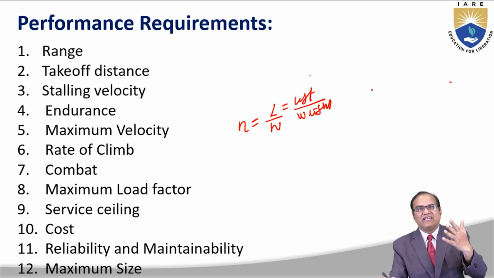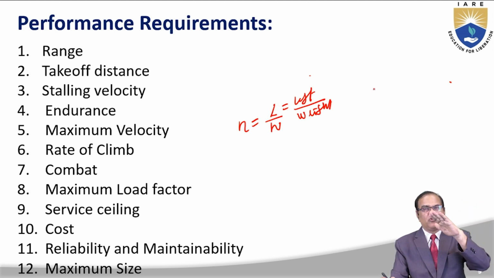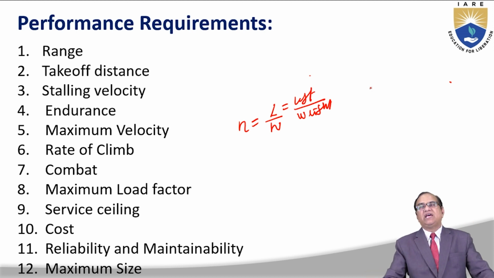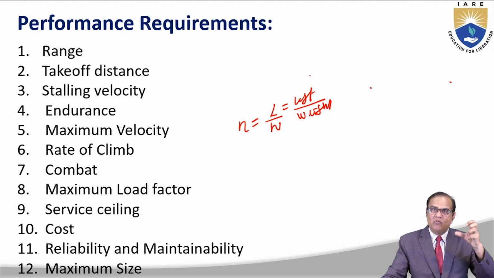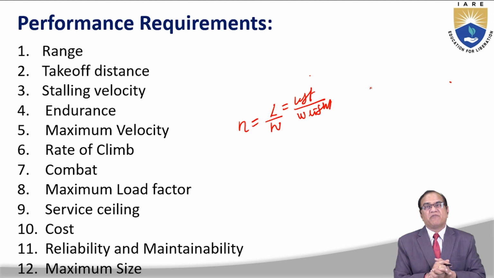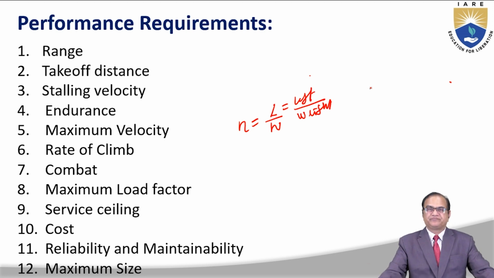But if it is a fighter aircraft, your load factor may be 10, 11, 12. For your normal passenger aircraft, it is 5 to 7. So we have different types of load factor as per the requirement. This shows that the more load factor you have, the more different maneuvers it can perform. That is the meaning of load factor.